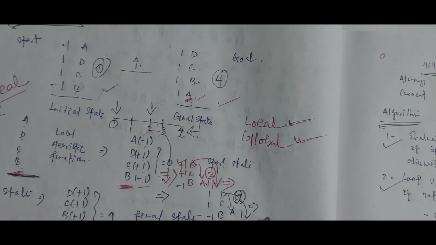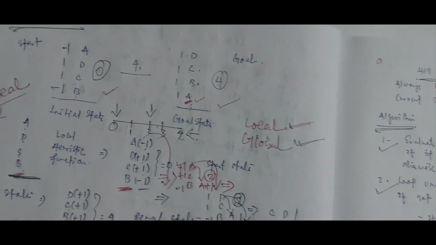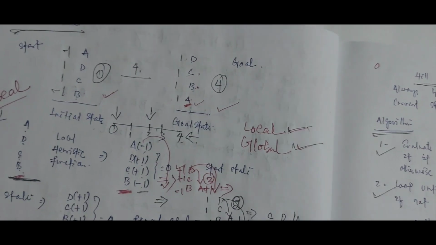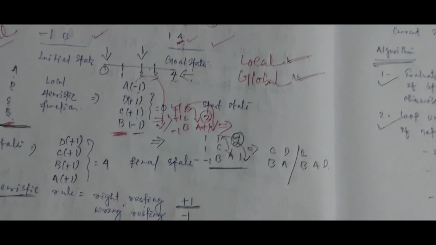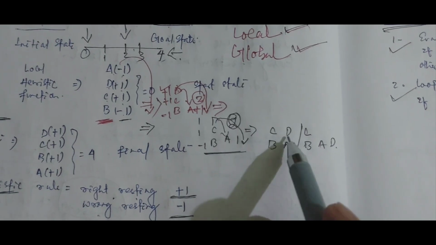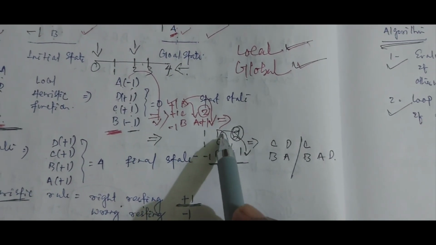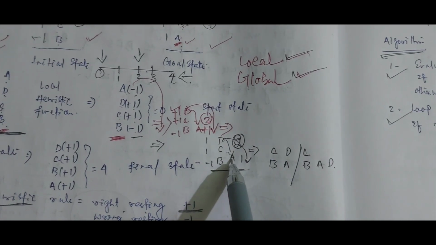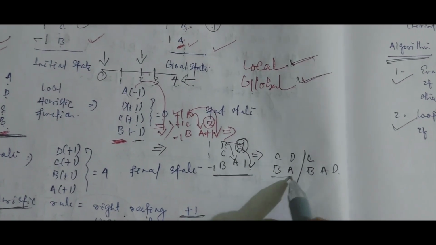So what will it be like? B C A D, or B C A D. As per this formula, D can be resting over A or D can be resting at the base. So we will calculate this one.